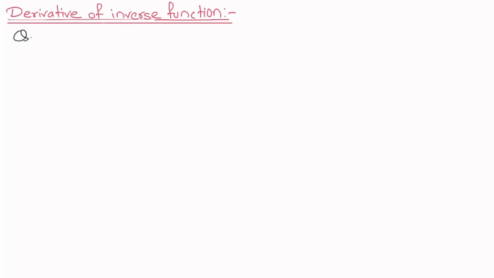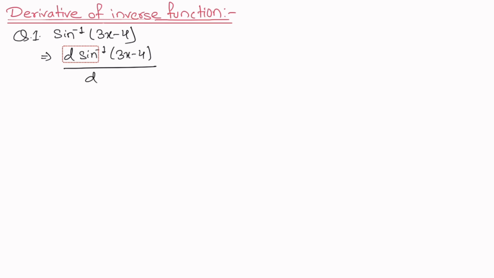So we have question number 1, which is sine inverse of 3x minus 4. We will take the derivative of sine inverse of 3x minus 4 times the derivative of 3x minus 4 with respect to x.